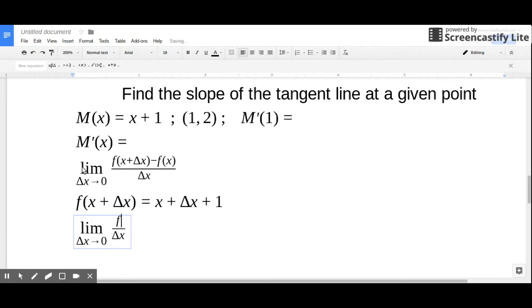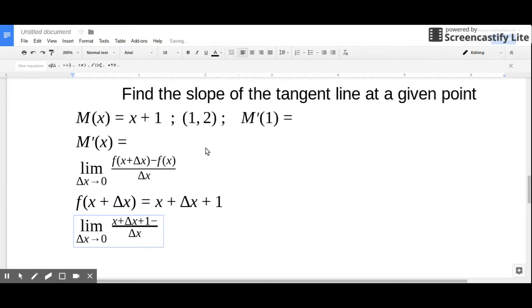Okay, let's go ahead and get rid of the top there. So we got x plus delta x plus 1. Okay, that's this part right here. And then we have minus.